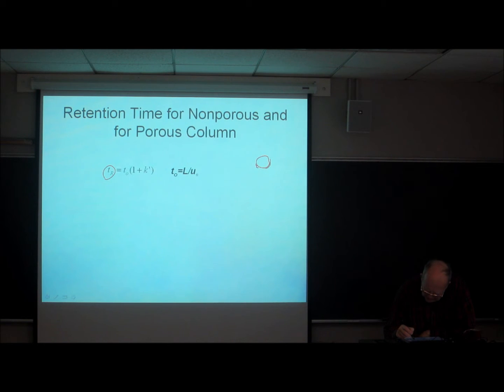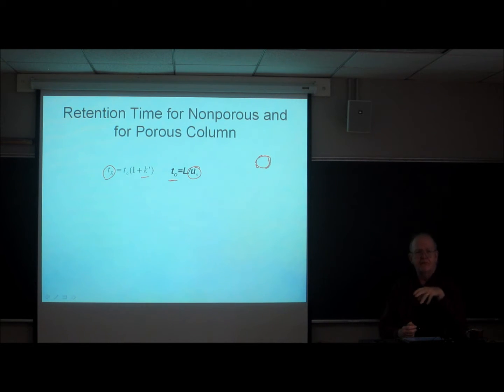This is not a core shell, this is just stationary phase around the outside of that. So T naught then would be the dead time of the column, the length of the column divided by the interstitial velocity. So the retention time would be T naught times 1 plus your retention factor.